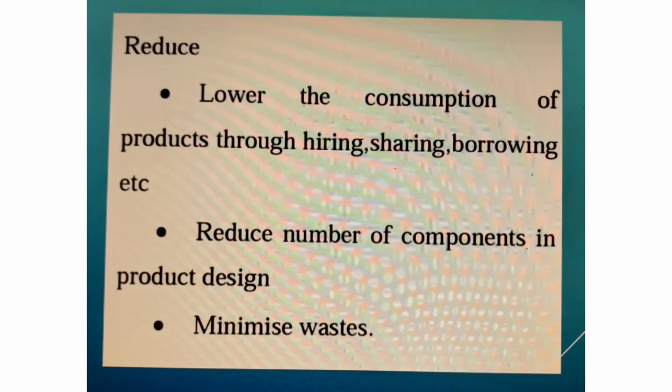Then the product can be designed by reducing the number of components. And resource optimization is another method, and we can implement some regulations and policy so that waste can be reduced.